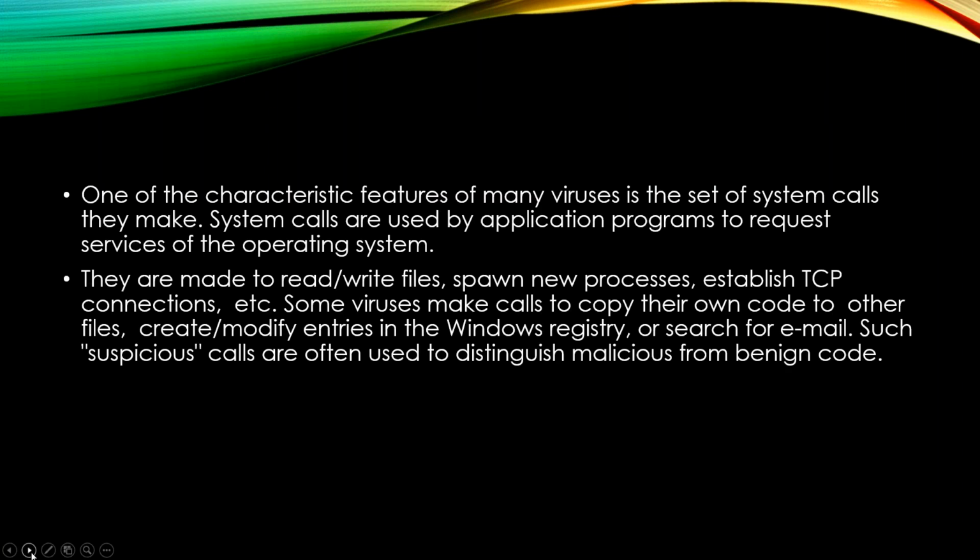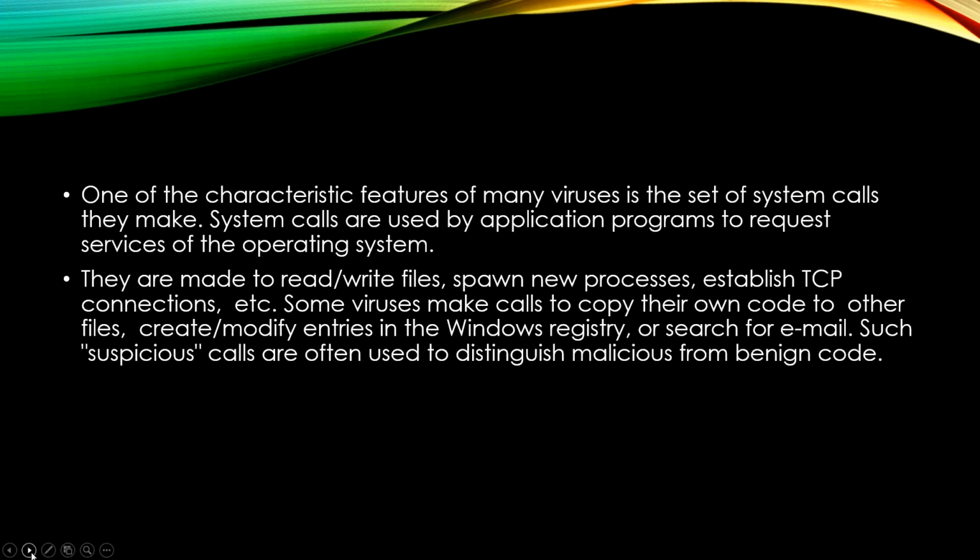So this is another way to escape from the antivirus software. Okay, now the last one is system calls. The virus keeps making different system calls, and based on these system calls only we can distinguish malicious code from benign code. What is benign code? It is nothing but the actual code.